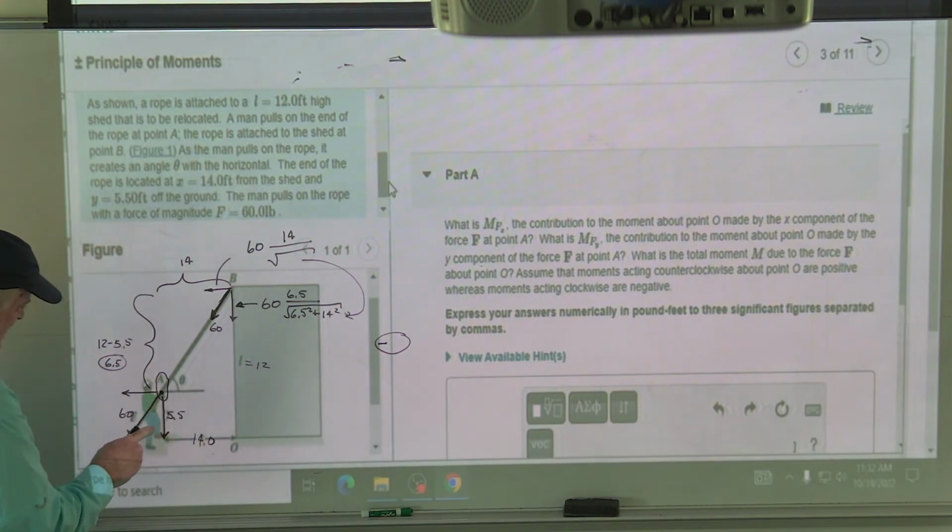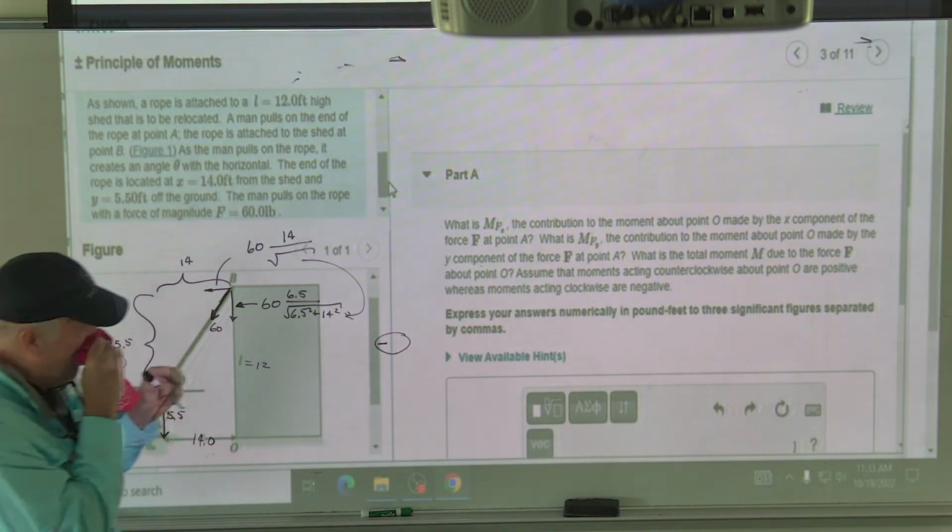But if I leave it here, the moment is this times 5.5, and this force times 14. It's going to turn out that it's going to supply the same moment total. So him breaking it apart, some people are going to answer it one way, and some people are going to answer it the other way. They're going to move the load. So he needs to be very specific.